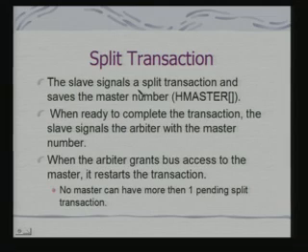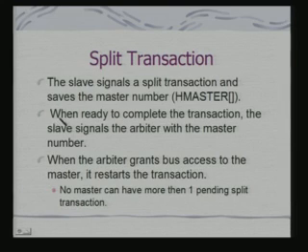In fact, the slave, once it has received a request for a transaction and finds that it is not able to complete the transaction, will indicate to the master that the transaction can be split. So, the slave signals a split transaction and saves the master number, because each master has got a unique ID, I told you that earlier.